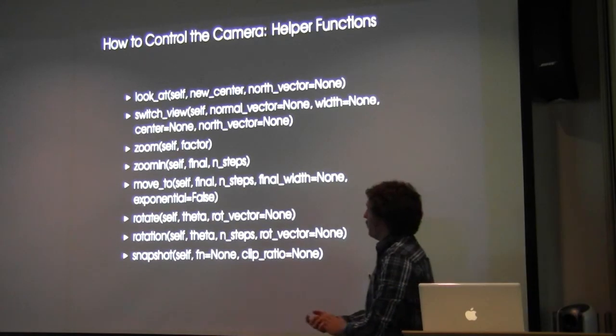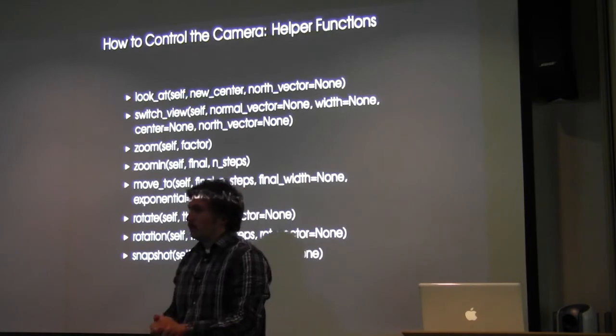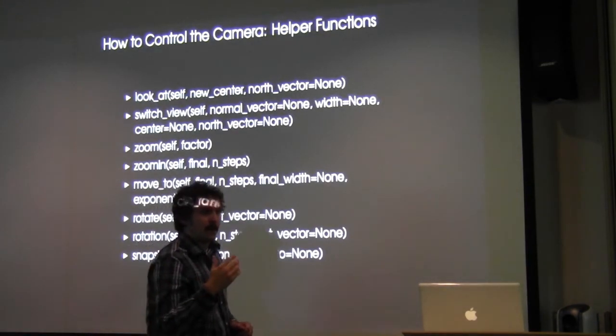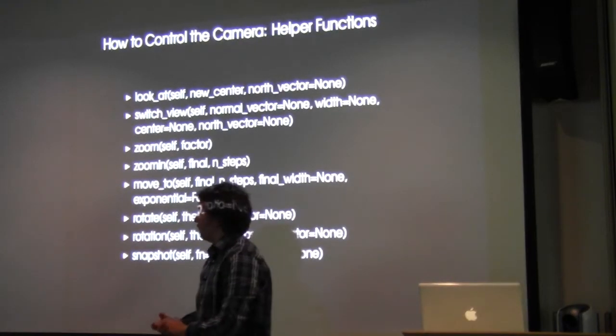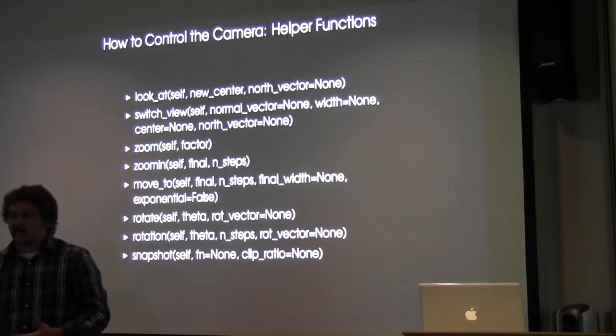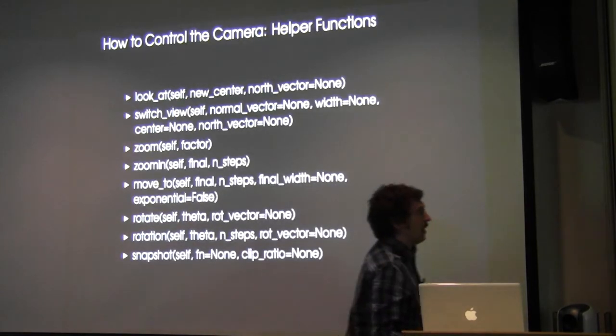Okay. So you can use these helper functions like switch view and zoom. Zoom zooms you in by some factor. So if you say zoom by a factor of 10, it'll zoom in by a factor of 10. If you do a zoom in, it'll give you a number of snapshots slowly zooming in over those number of steps that you have.